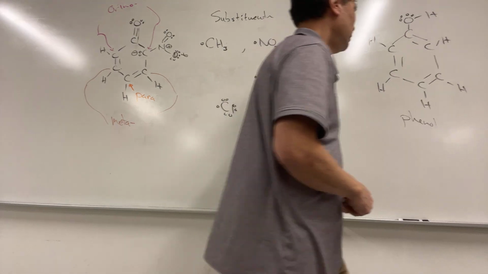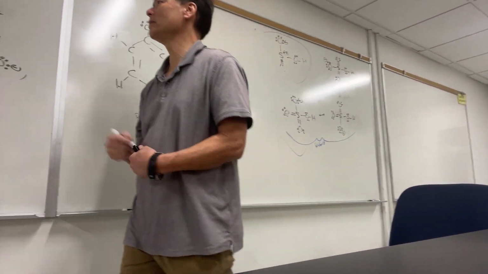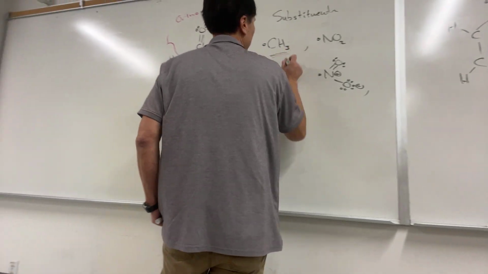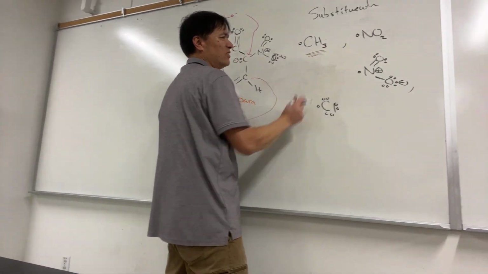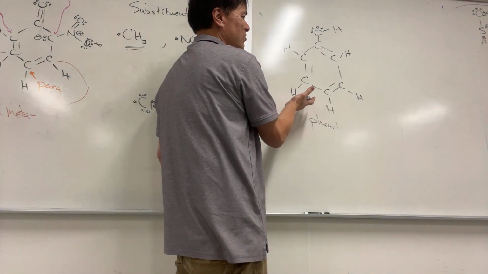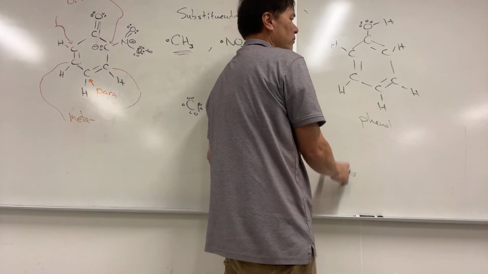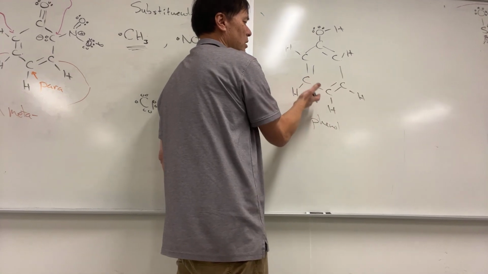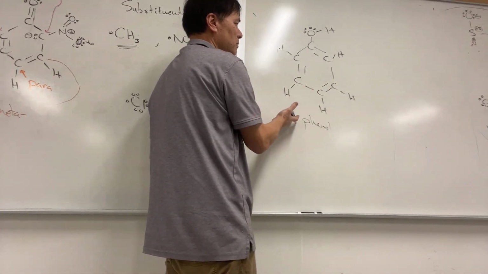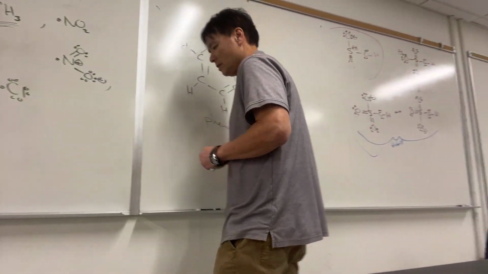Most hydrocarbons are electron rich, they burn. Benzene burns too. Benzene is highly flammable, so if you have a benzene fire, it's very dangerous. However, this one is an electron withdrawer. How can this be an electron withdrawer and still be a good pusher, still be electron rich?